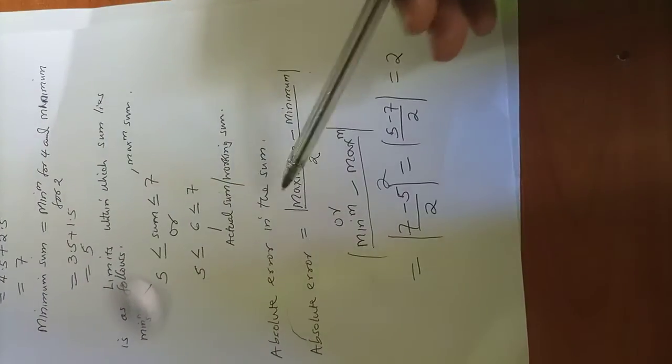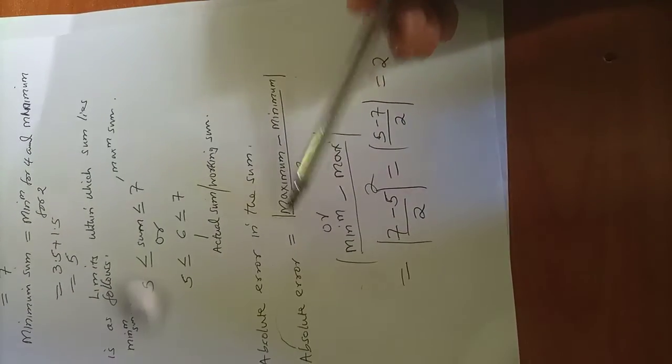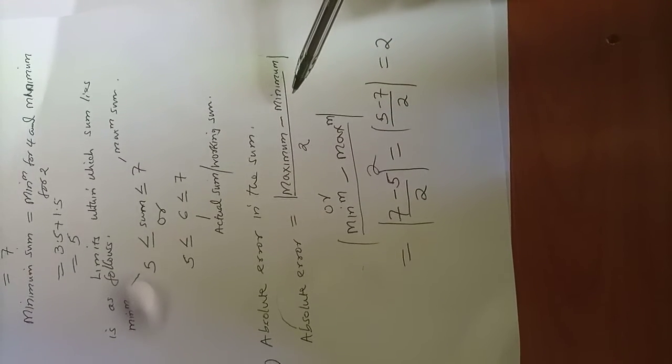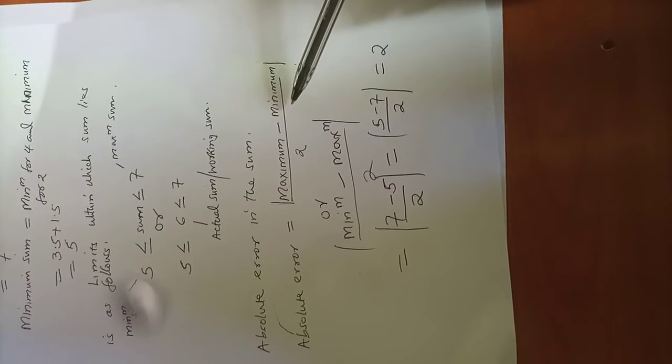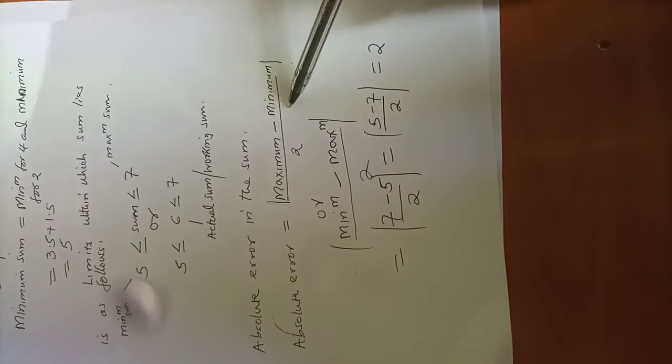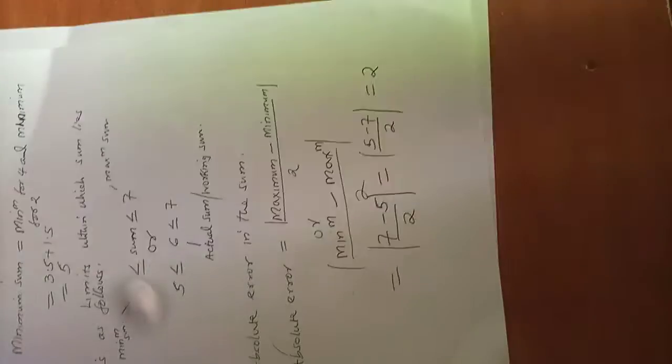To avoid that negative, we normally use these two parallel vertical lines so that it changes that number. If it was negative, after subtraction you get a positive. This is what I mean. For instance, if you have 8 minus 2, you get 6.